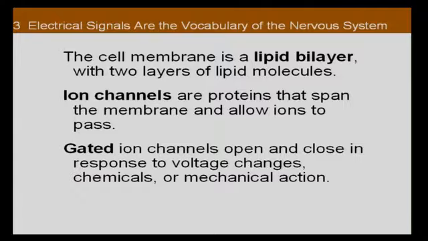Okay, so let's talk about the cell membrane first. The cell membrane, as many of you will know from your high school biology, is a lipid bilayer with two layers of lipid molecules. It's a nice, strong barrier. But what you need to know about are channels. Channels exist within the lipid bilayer. These channels are proteins, they're little holes.